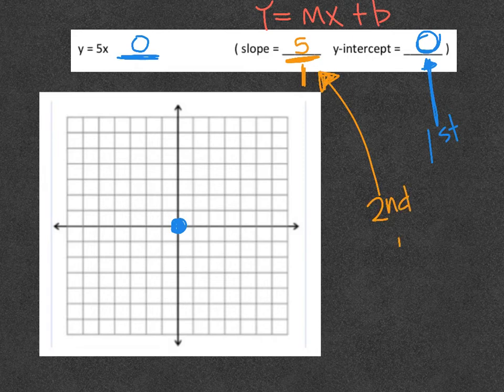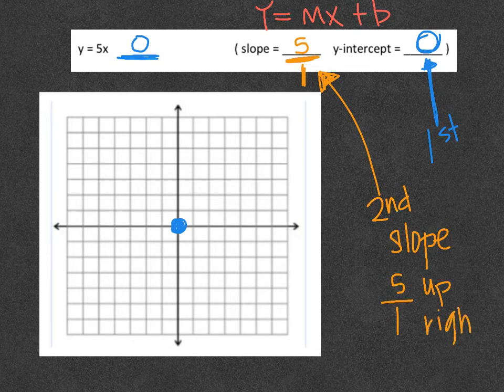Second thing, do the slope. This time the slope was 5. We said to make it a fraction so you can have rise and run, put a 1 under it. Positive means go up, and then your bottom number is always going to be go to the right. So here I go from the origin, which was my y-intercept, go up 5, 1, 2, 3, 4, 5, to the right 1.